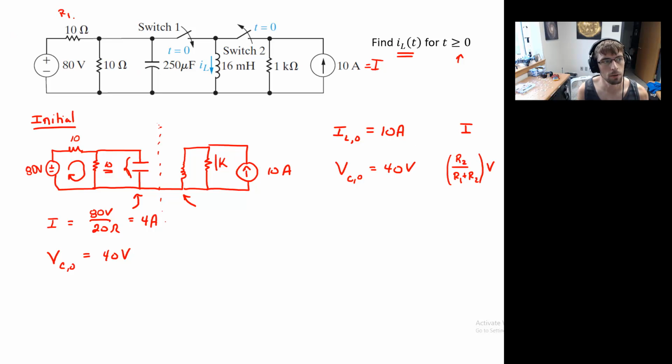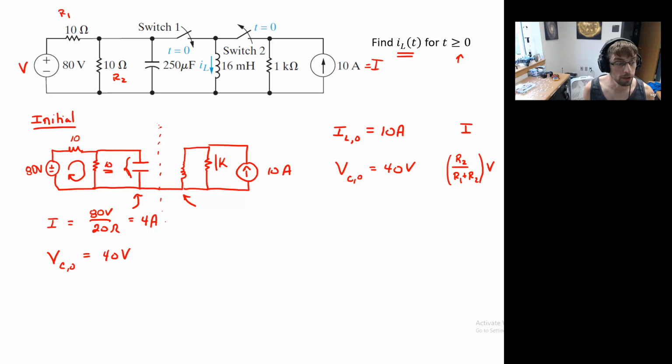So I'll call this R1, I'll call this R2, call that V. Okay. So if you like to work in terms of variables instead of numbers. Good so far? Okay. So we're done with that piece.